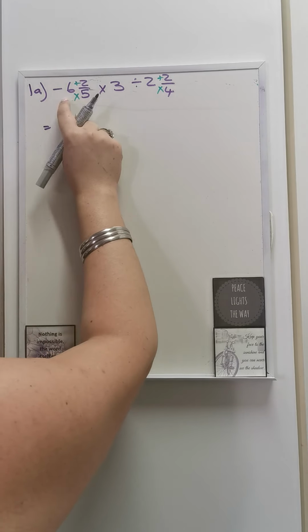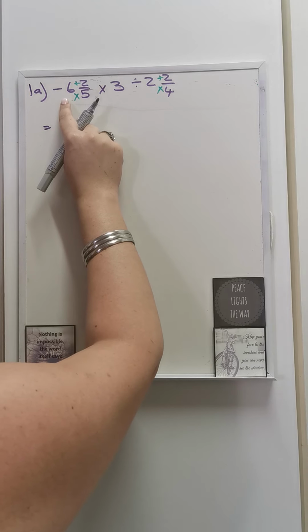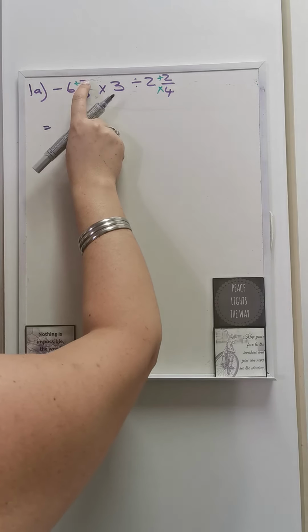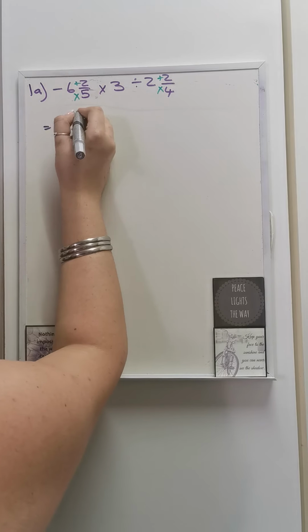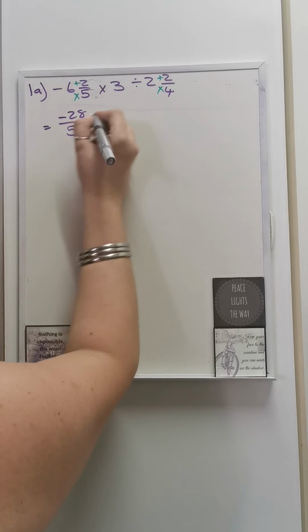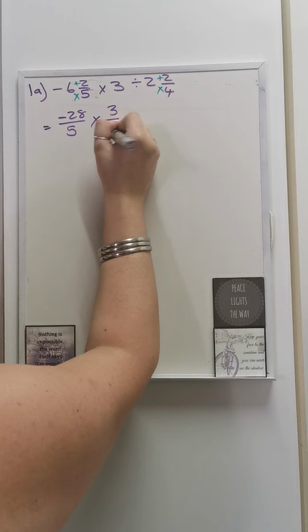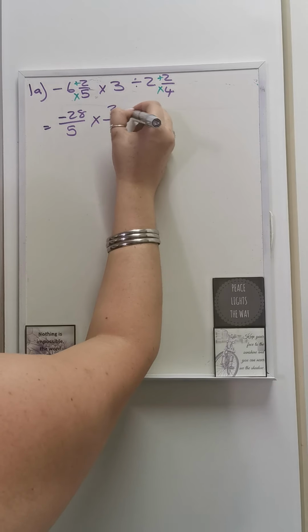So 5 times negative 6 gives you negative 30, plus 2 gives you negative 28 over 5 times 3. We can put it over 1.